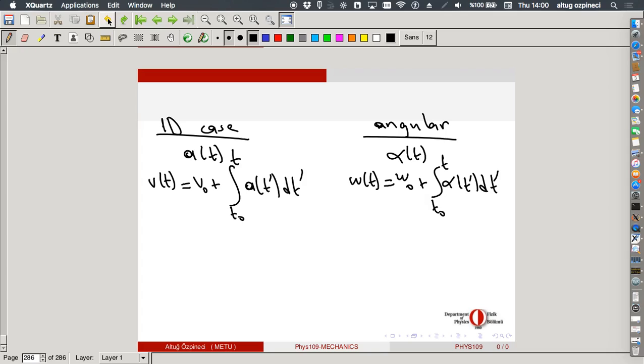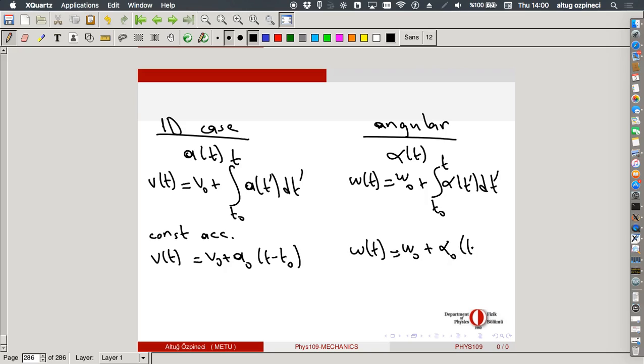Or before we go to the position as a function of time, in the case of constant acceleration, v of t was equal to v0 plus a0 times t minus t0. In the rotation case, the angular velocity at time t is equal to the initial angular velocity plus alpha 0 times t minus t0.